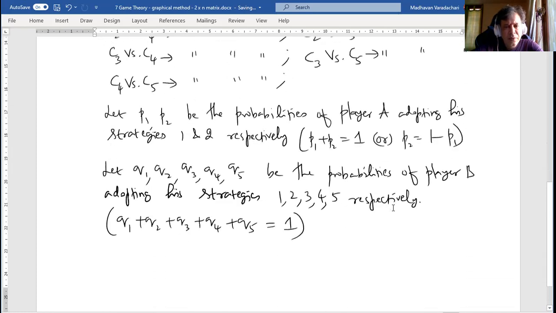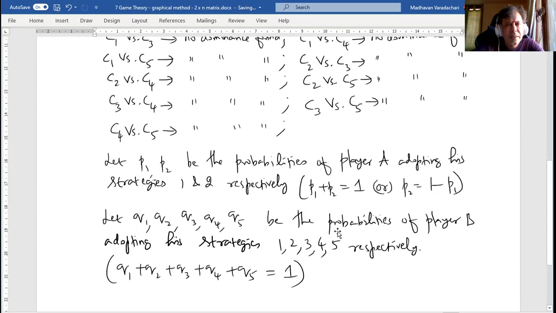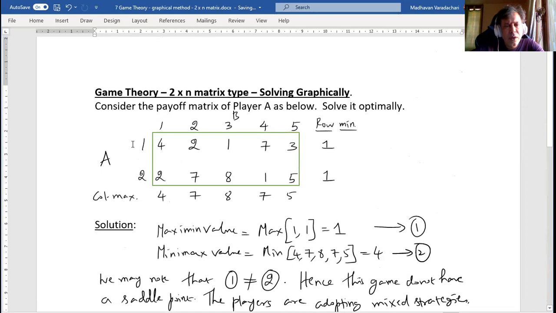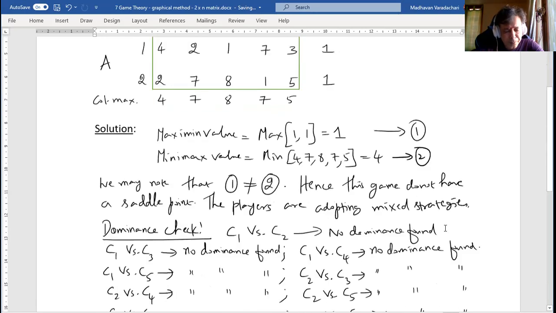Now, let us find out. Since we have 2 rows, solving this particular problem from A's perspective will be easier for us. Means we will be solving this from A's point of view.